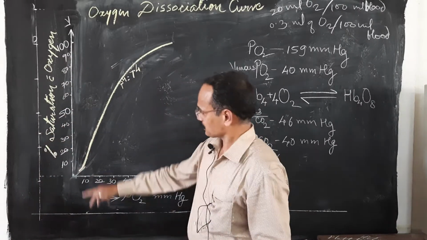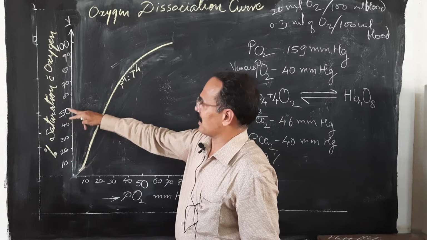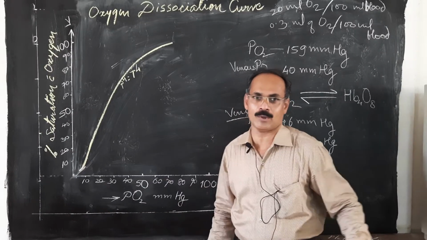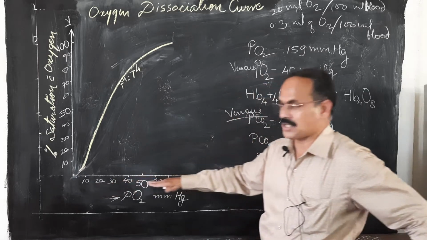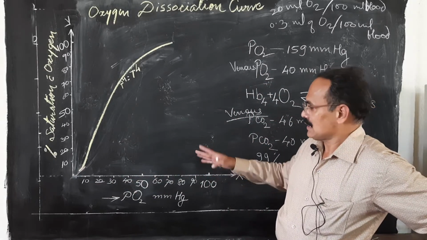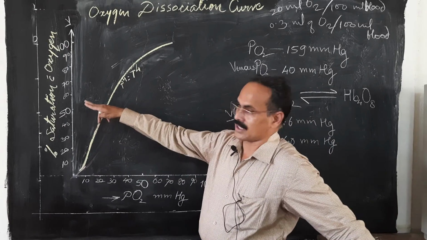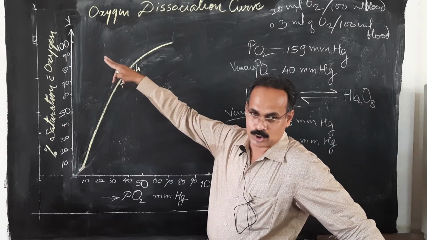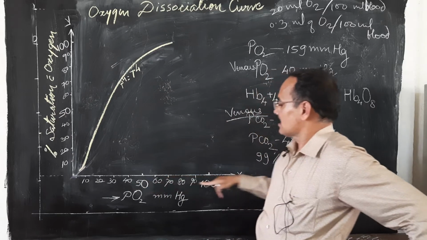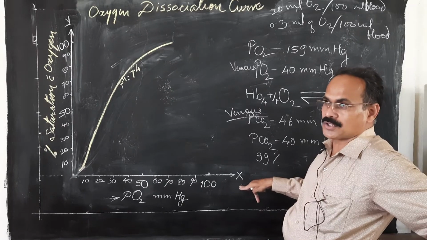On one axis, percent saturation of oxygen with that of hemoglobin is plotted against partial pressure of oxygen.